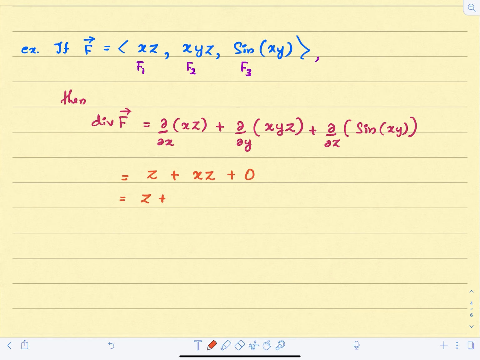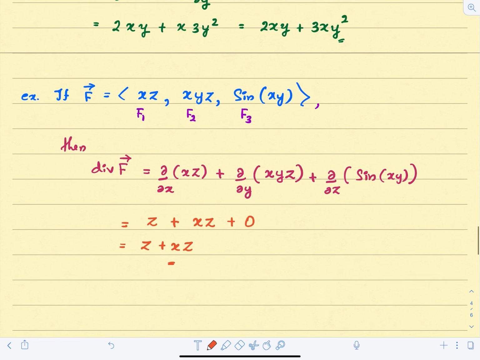And the divergence of f equals z plus xz. And this is the way we calculate the divergence of a vector field.